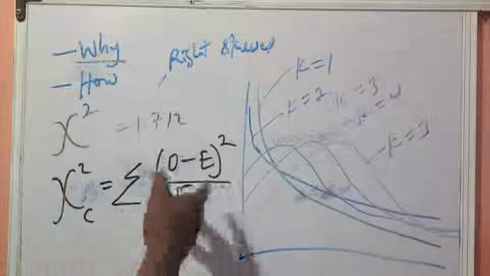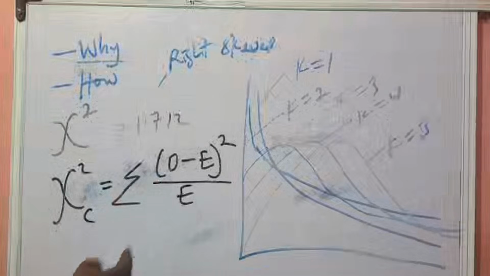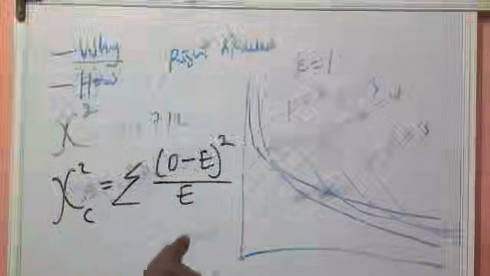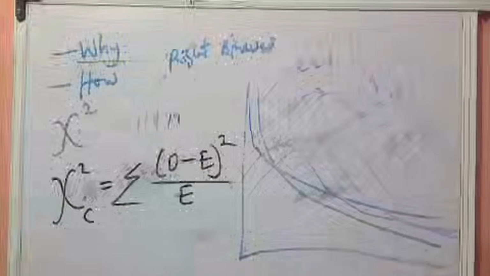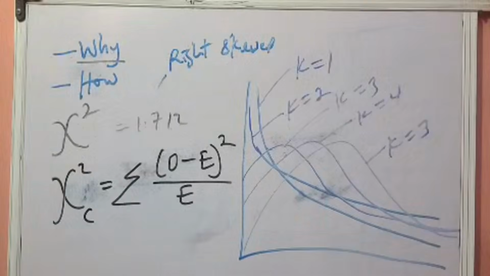It's the summation. So what you do right here, remember the table I showed you. You have the observed, you have the expected. So you go on to have the observed minus the expected. You square that value, divide by the expected. So you do that for each of the categories, then you add every one of them up. That's the way you deal with the test statistic. Quite very simple. I told you guys this thing is very simple. The only difference is you knowing what and what to do.